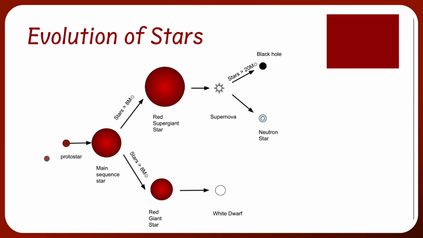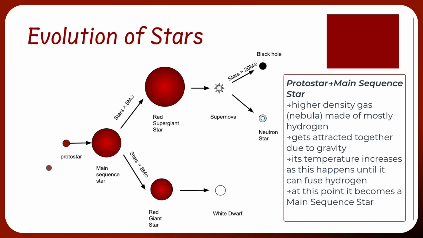So let's take a look here at our evolution of stars, and you'll usually see a diagram similar to this one. I'm going to start off with a protostar. Well, what do I mean by that? Basically, in an area that has high density gas, mostly hydrogen, we might call this a nebula, the particles are going to start becoming attracted together. Why?